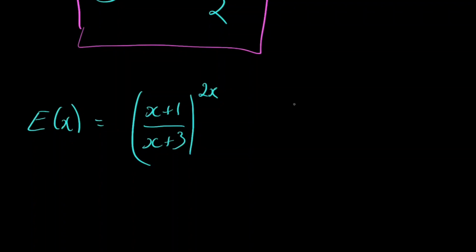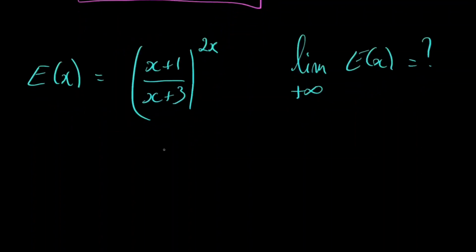And we want the limit at plus infinity of E of x. At plus infinity, we will have this base that tends to 1 and this exponent that tends to infinity, and 1 to the power infinity is undefined as well.